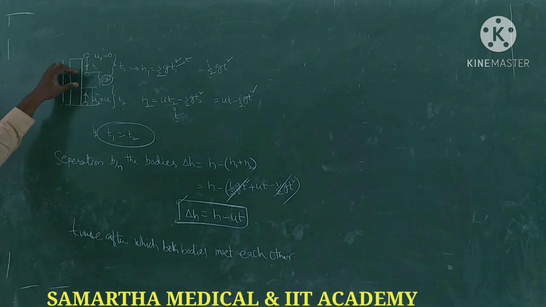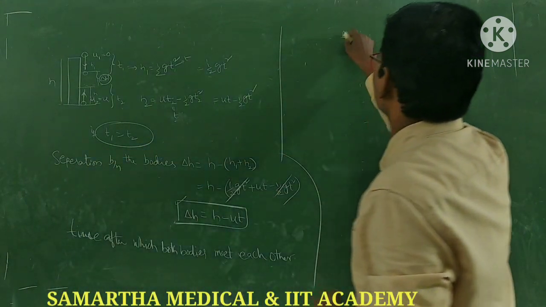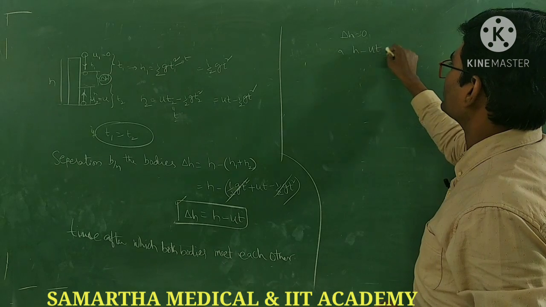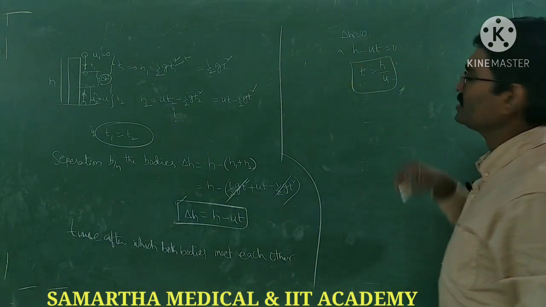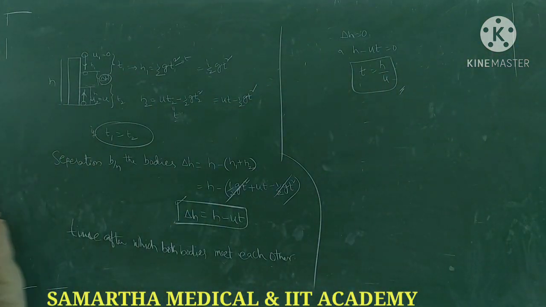That means the separation between the two bodies, delta h, is 0. So h minus ut is equal to 0. t equal to h by u. That is the time it takes for both the bodies to meet.